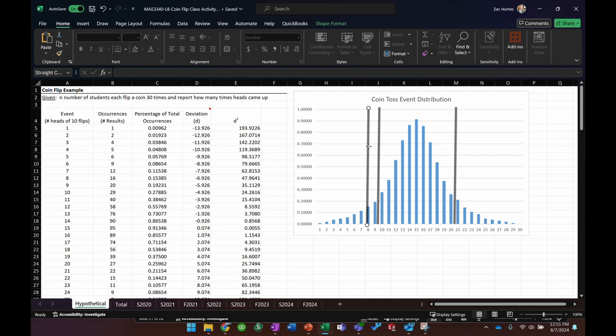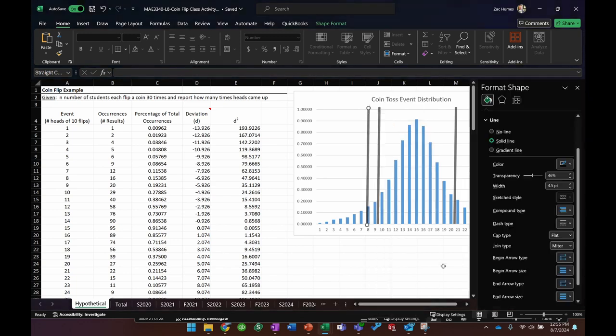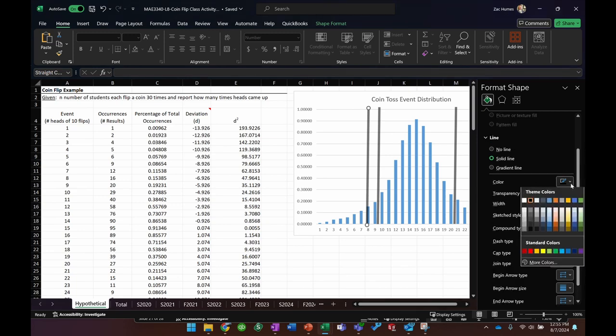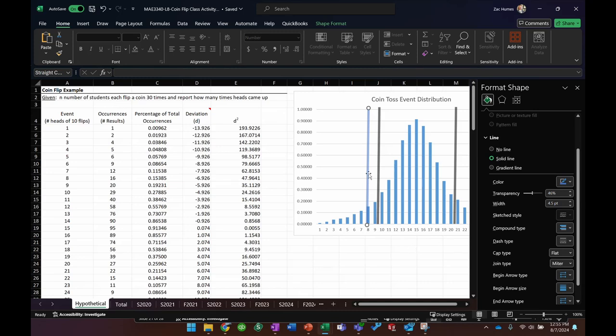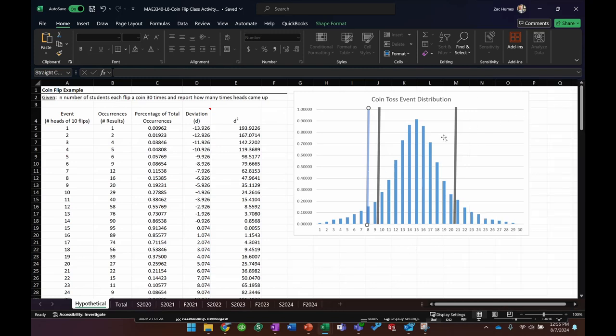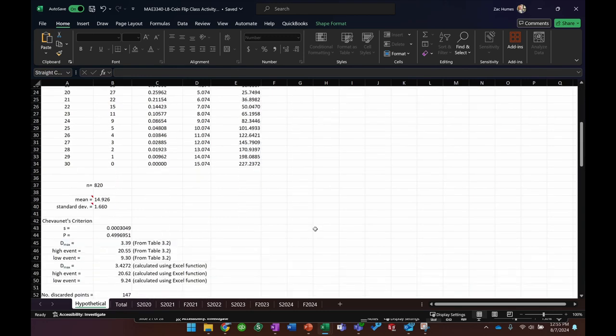So if we go up here to our table, we create some new lines here, and let's format them just a little bit different. Let's do a blue color. Okay, so now let's place these.